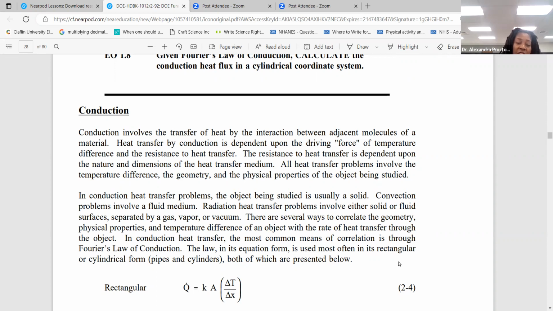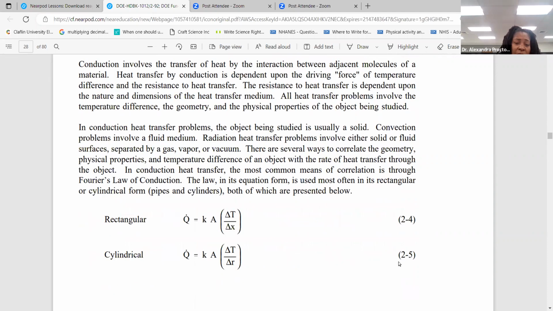In conduction heat transfer, the most common means of correlation is through Fourier's law of conduction. This law in equation form is used most often in its rectangular or cylindrical form, i.e., pipes and cylinders, both of which are represented by the equations below.